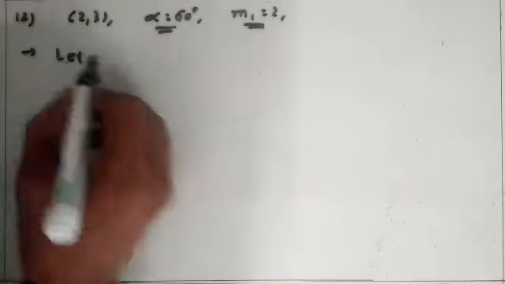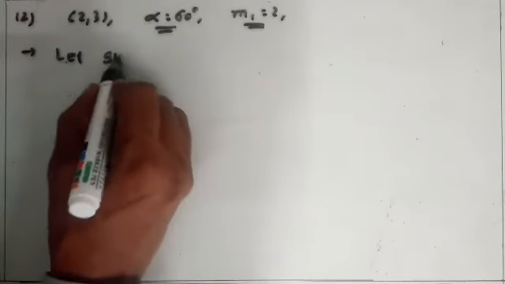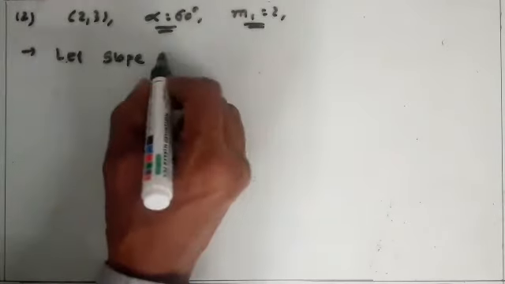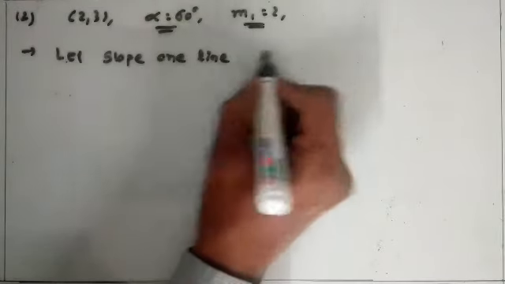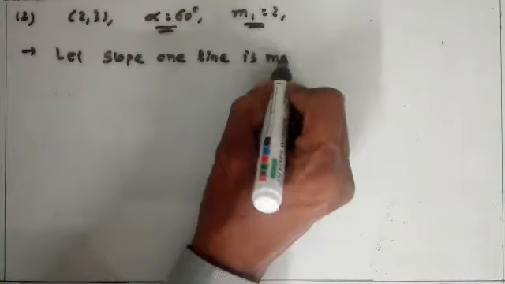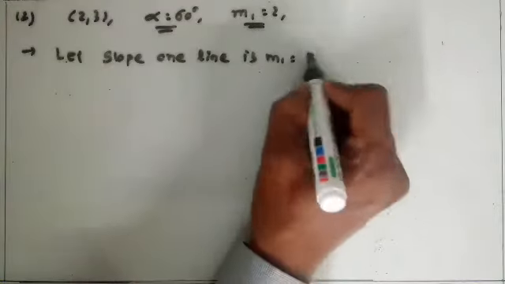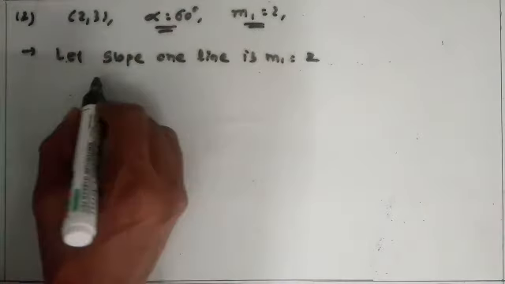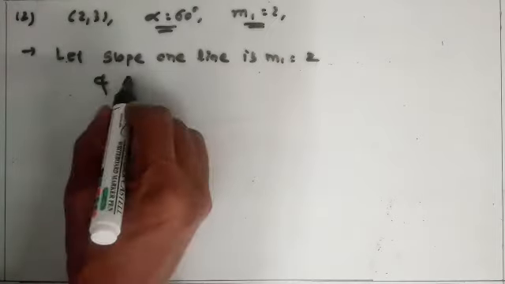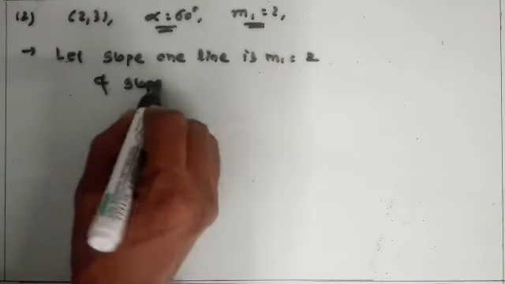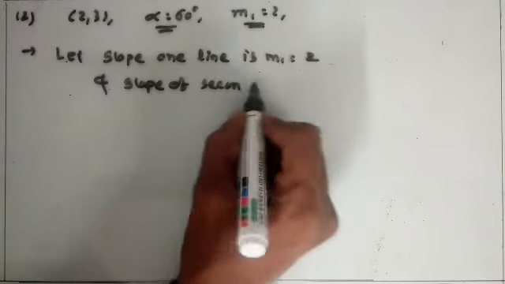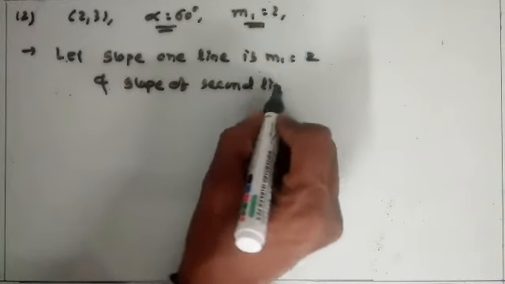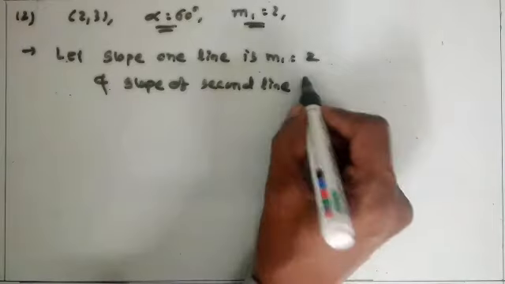Let the slope of one line be, say m1, equal to the already given 2, and the slope of the second line be m2.